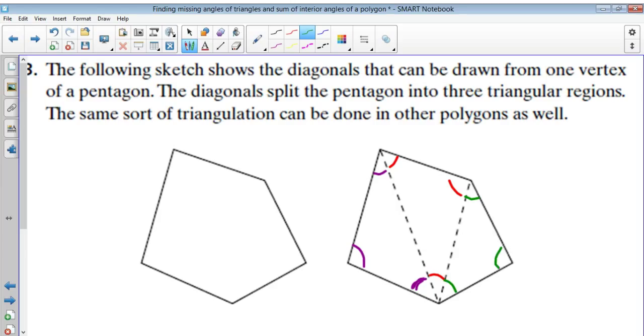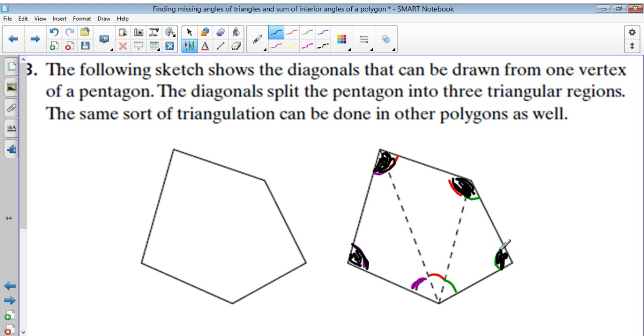Well, notice that by making all of these triangles, we have figured out the degrees for every angle here. Notice that this purple line covers this angle of the pentagon. The red and purple line cover this angle of the pentagon. The red and green line cover this angle of the pentagon.